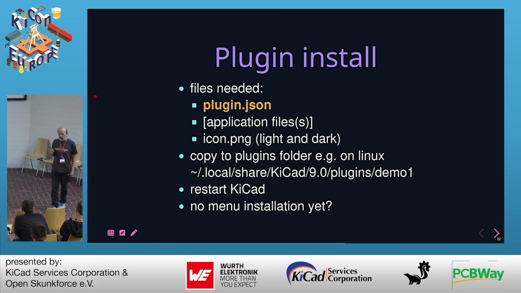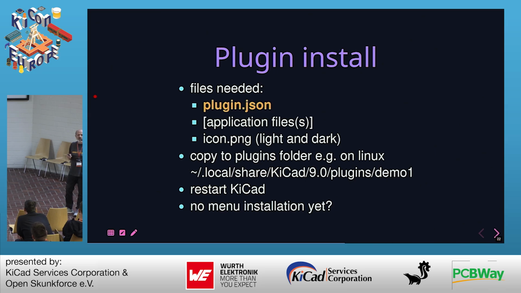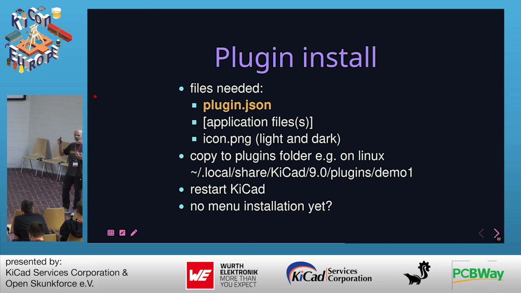So to install this plugin, you need the files, as I mentioned. These files are plugin.json, and this is a JSON file that specifies to KiCad what is actually going on. I'll look at it in a little bit more detail. You have your application files, which is your Python files.